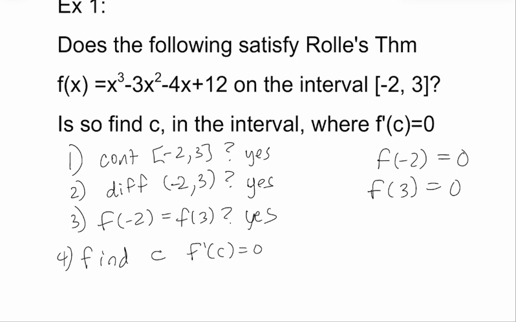So what is f prime? And let's look at the zeros of it. So f prime of x is equal to 3x squared minus 6x minus 4. Now, where does that equal 0?